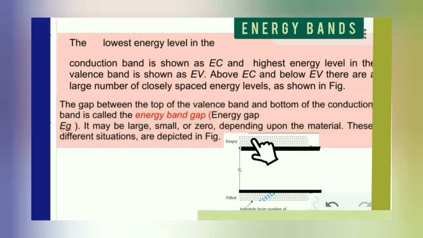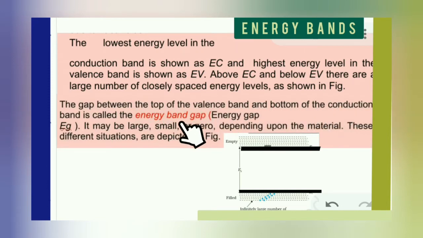Usually the conduction band is empty, but because of the energy variation, a few electrons jump from the valence band to the conduction band. In between the valence band and the conduction band, there is an energy gap that is called the forbidden energy gap.